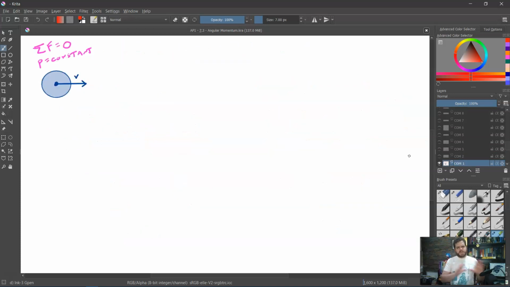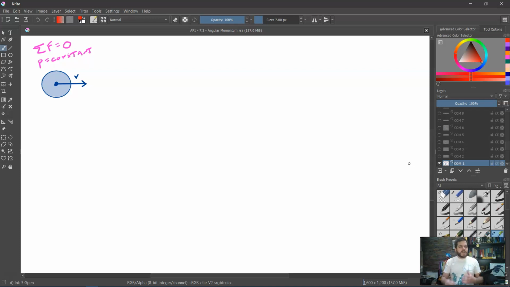So let's take a little bit of a tangent to actually see what this can tell us about a particular situation. Let's say we had some ball that was just moving through empty space. Say this is far, far away from Earth, and it's moving at some velocity v. Since it's far away from Earth, there's no gravity or anything like that, so the net force on this ball will be zero, meaning that the momentum of this ball will be constant.